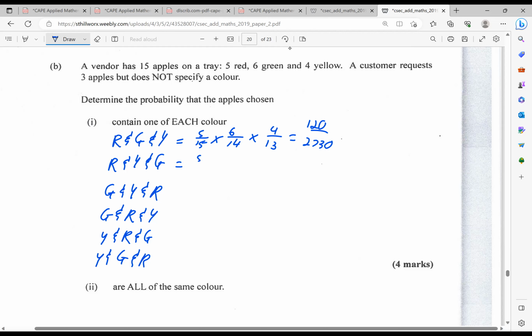Then same thing here, 5 over 15 by 4 over 14 by 6 over 13, 20 over 2730.